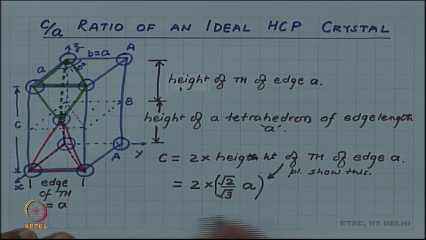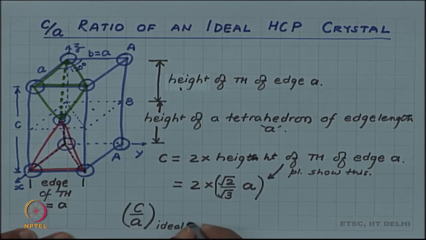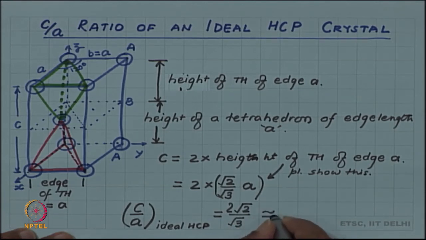So, what you get now, if I now try to find C by A, and this we call the C by A for ideal HCP, this becomes 2 root 2 by root 3, or if you calculate it up, the approximate value will be 1.633.